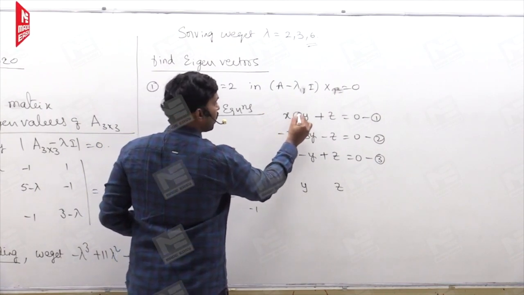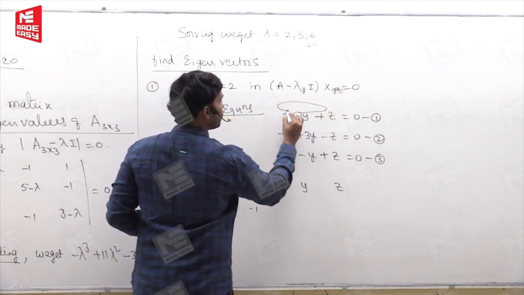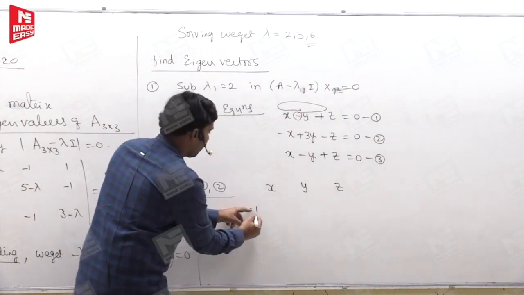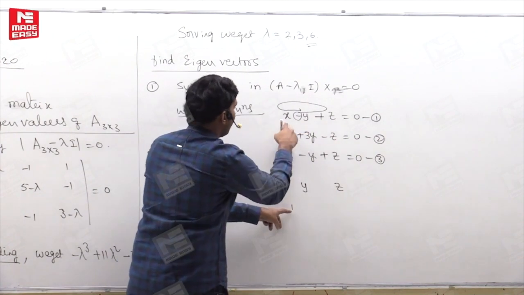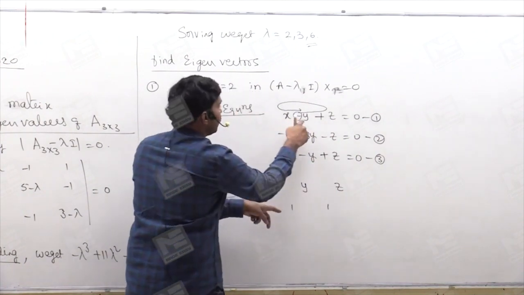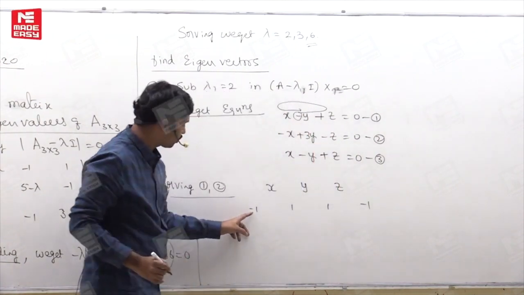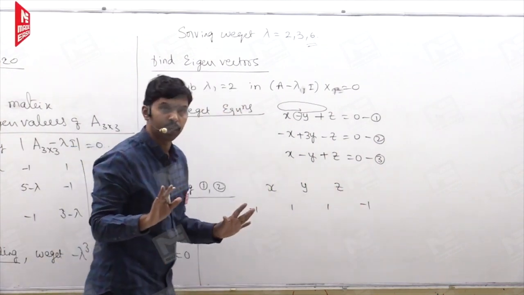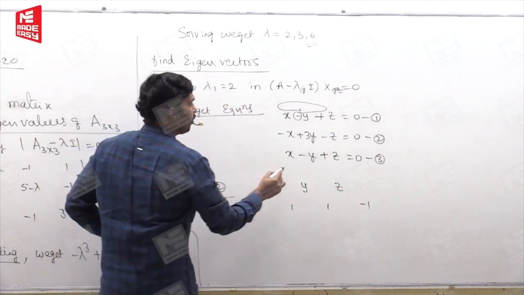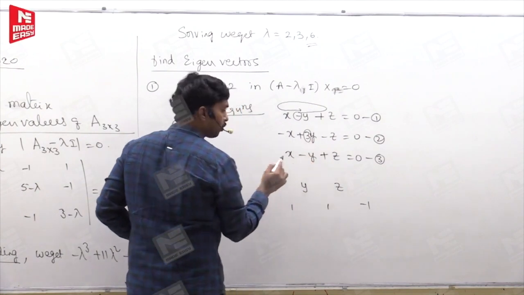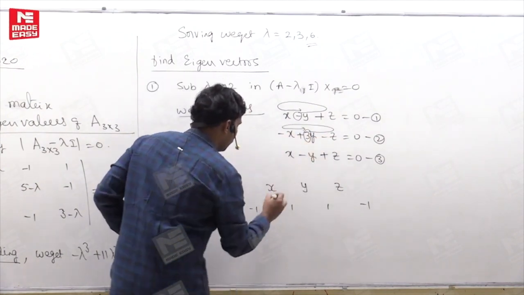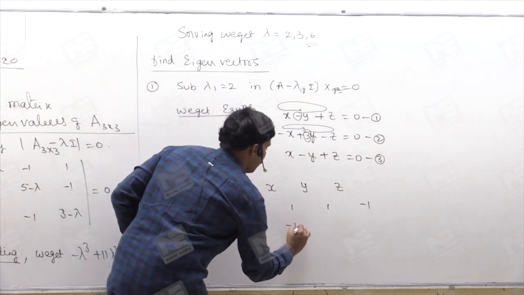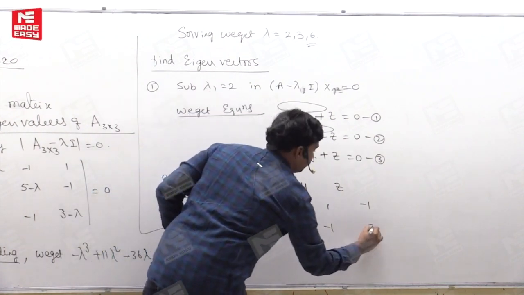So we'll take the coefficients in this cyclic order. After the y coefficient, we take the z coefficient, then the x coefficient, then the y coefficient. So first and last are the same. Now take the coefficients from the second equation in cyclic order, that is 3, minus 1 and 3 here.